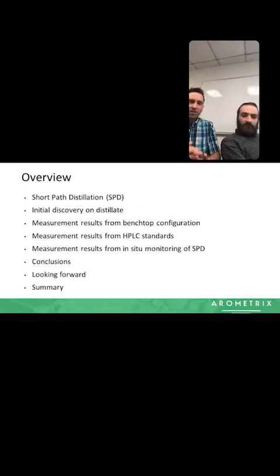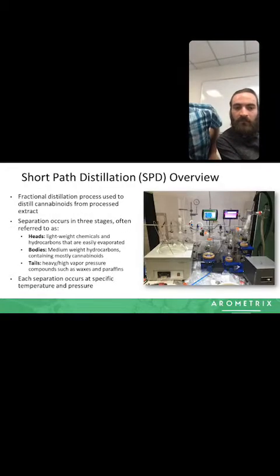We'll wrap that all in and show how we converted this information that we had into a true inline monitoring system. We'll go with some conclusions that we made and also looking at the path forward, where we want to go from where we are. And then we'll summarize all of that. So I'm going to give it to Kenneth. He's going to talk about short path distillation.